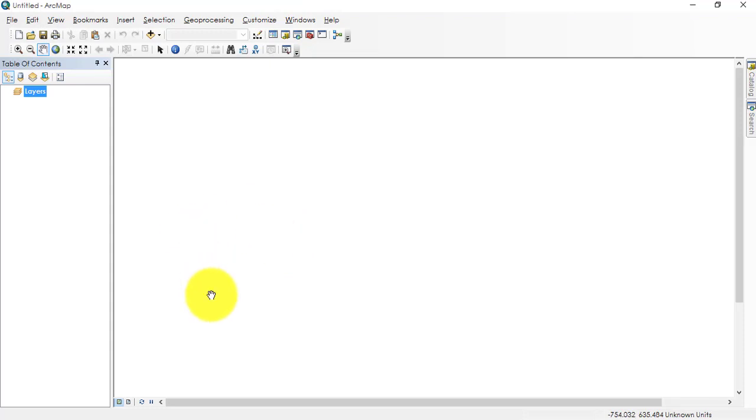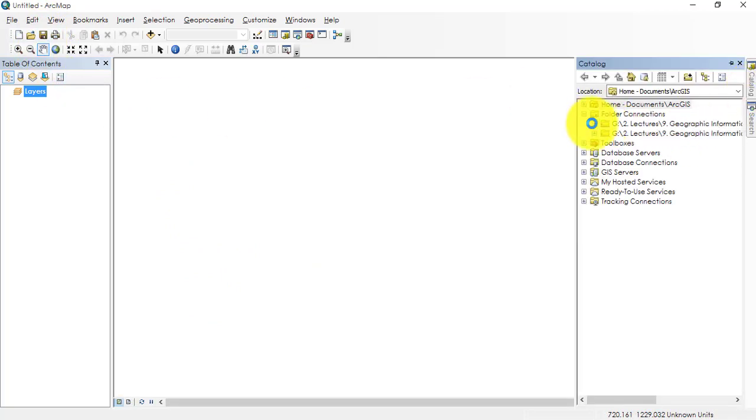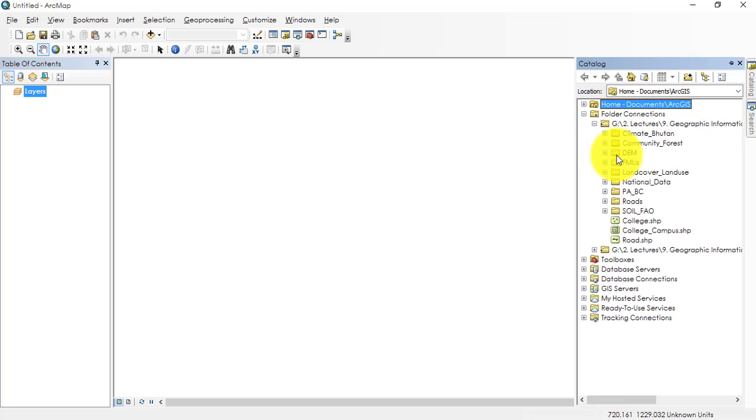I've opened my ArcMap again. This time I'm going to go to Catalog and check out my raster data lab. I'm going to look at the digital elevation model folder over here. It should be with you in your data list. We have raster data in the form of climate data for Bhutan.